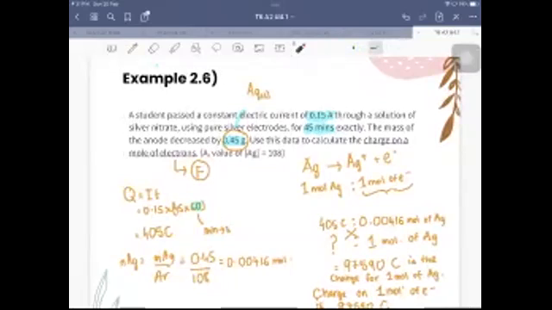So make sure you complete examples 2.3, 2.4, and 2.5. These are all in your notes, page 5. On page 5, I noticed that the numbering is repeated.